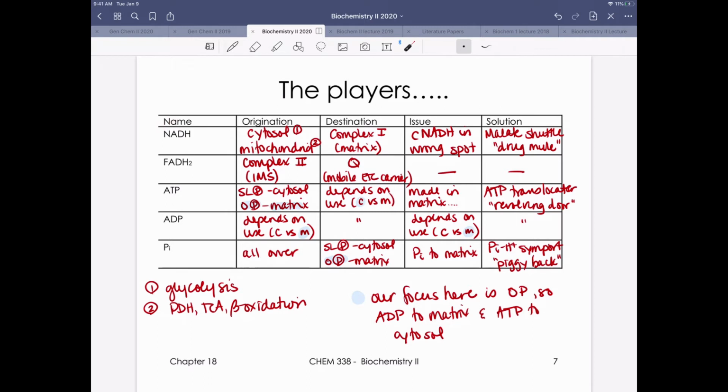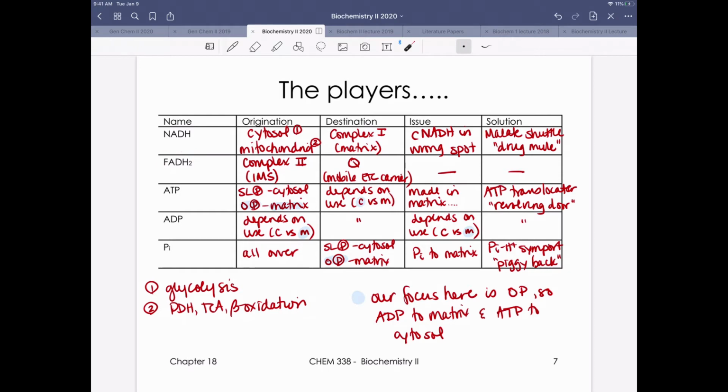We actually don't have NADH pass from the cytosol into the matrix space of the mitochondria. What's going to happen is it's going to shuttle its electrons, those electrons being like the drug, and then malate being the mule that carries it. We'll see that chemistry in a couple of slides.